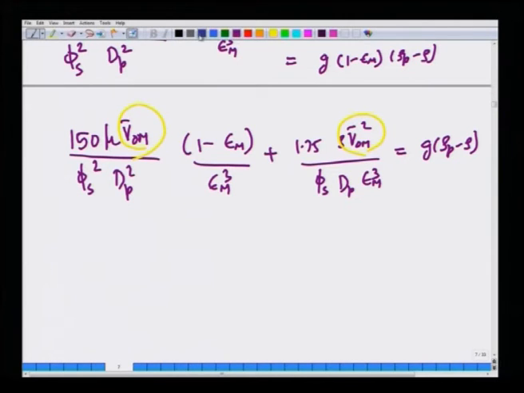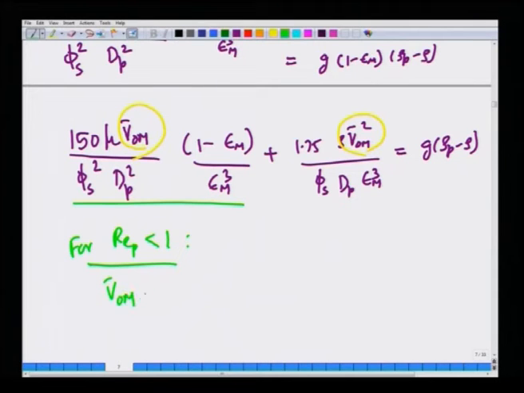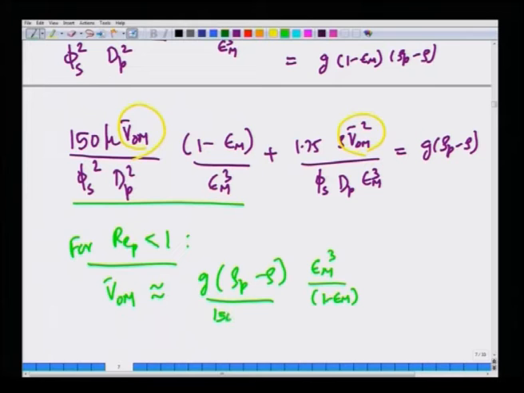Now, for very small particles, for Re_p small compared to 1, only the laminar flow part will dominate. So, v_om is approximately g times (rho p minus rho) times epsilon m cubed divided by (1 minus epsilon m), divided by 150 mu times phi s squared dp squared.